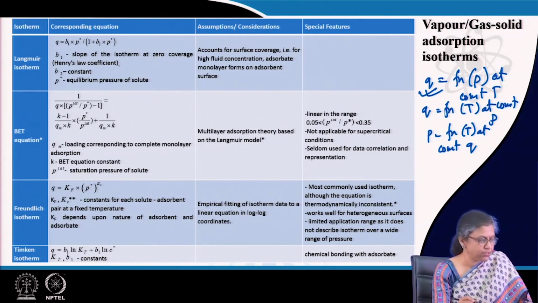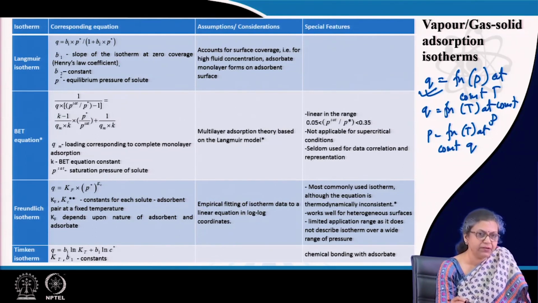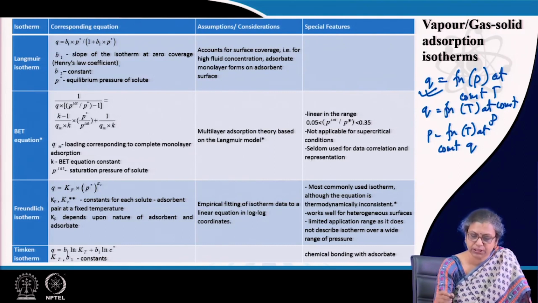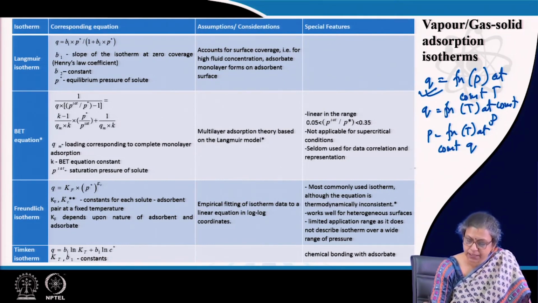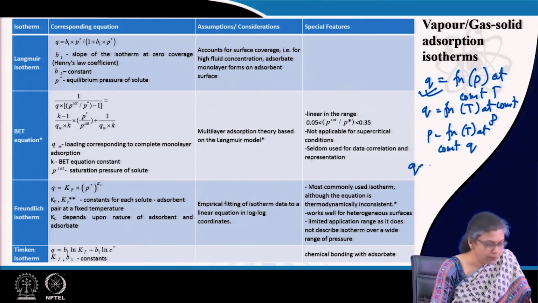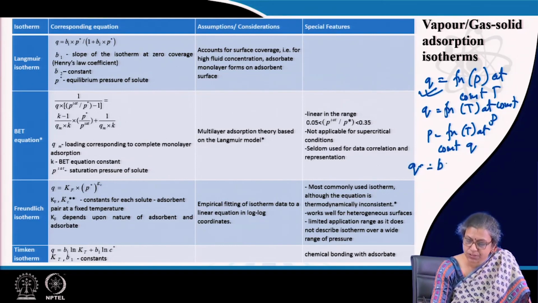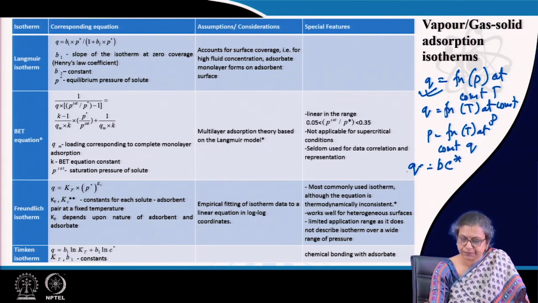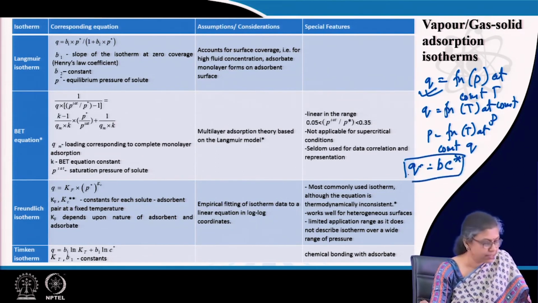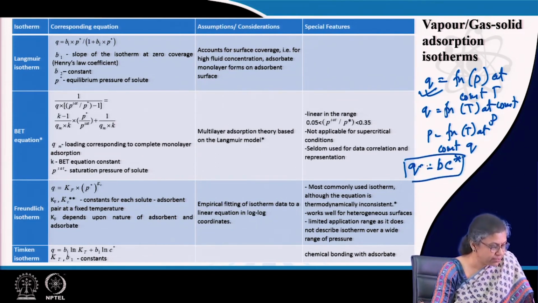All these equations stem from a Henry's law sort of equation, which tells us Q is equal to some particular constant, say B or A or whatever, times C star. So, this is the basic equation, and it is the simplest adsorption isotherm.